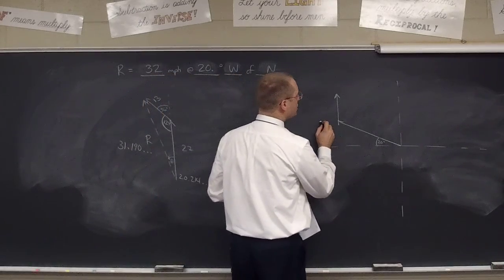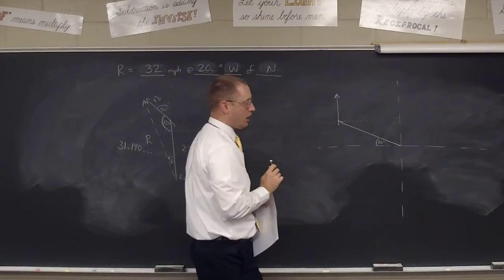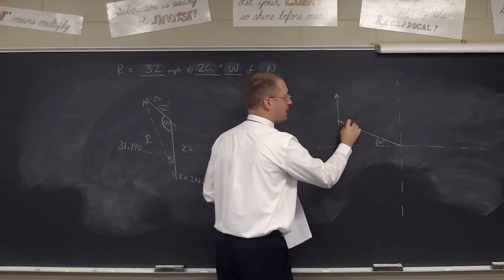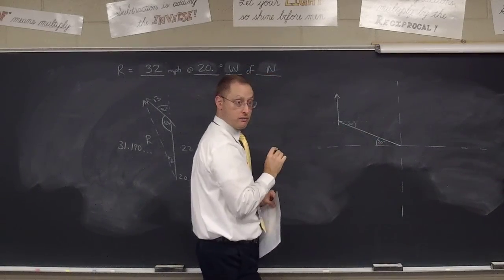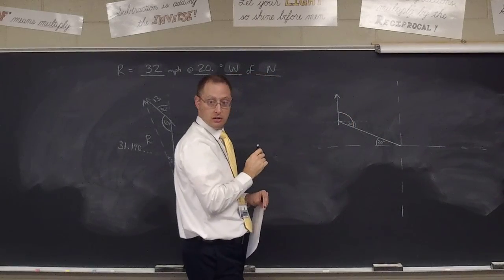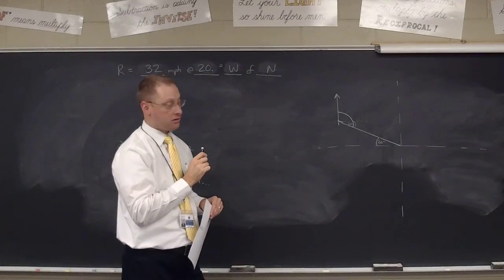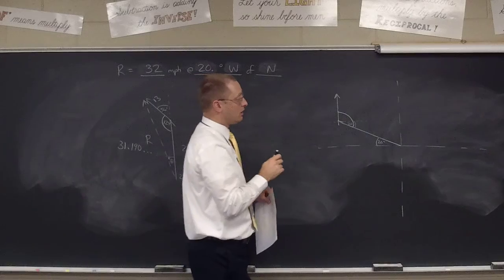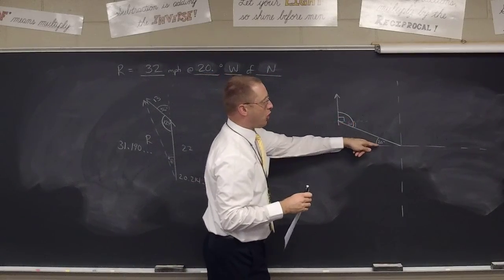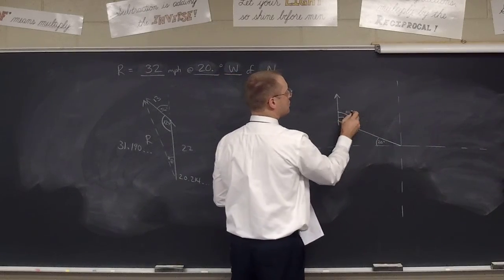If I were to draw a little parallel right here, we would have alternate interior angles of 20 and 20, correct? So what will be the angle between the vectors? I have a right angle here, plus I have this little alternate interior 20-degree angle, correct? So we've got a total of 110 between the vectors.